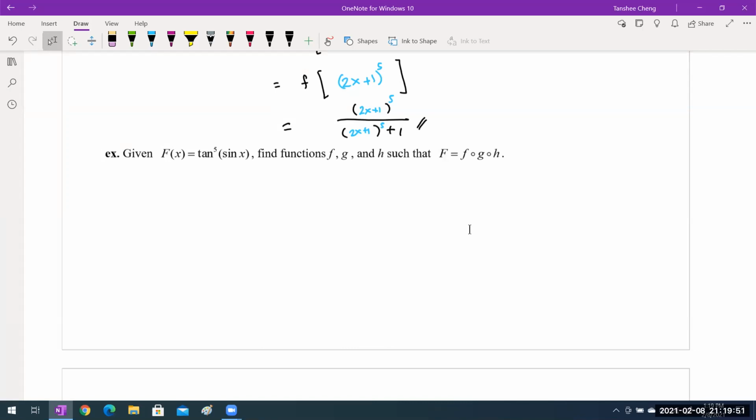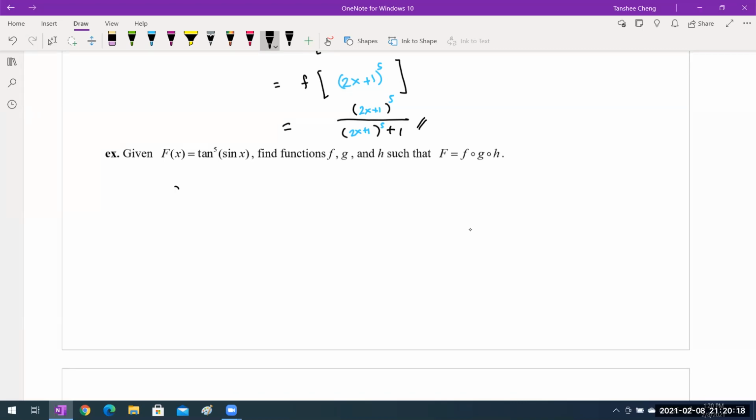Given to you F of x, which is tangent to the 5th power of sine of x. We want to find the functions f, g, h such that this uppercase F function is the composition of f of g of h. So what we need to do is look at it this way.